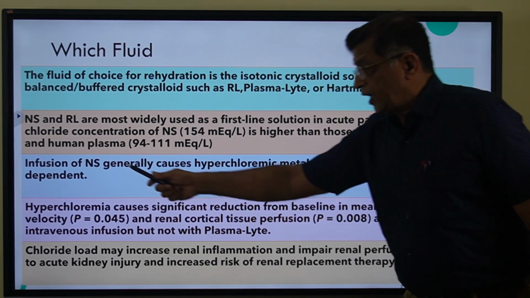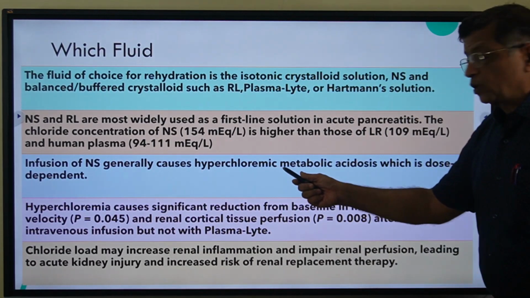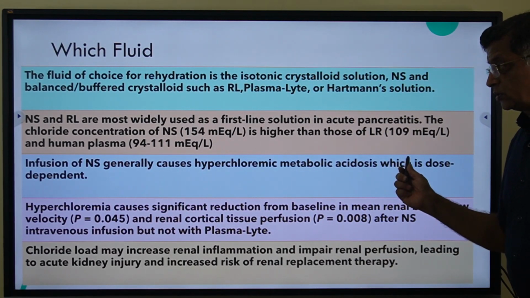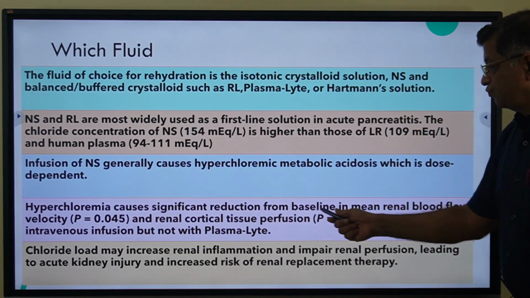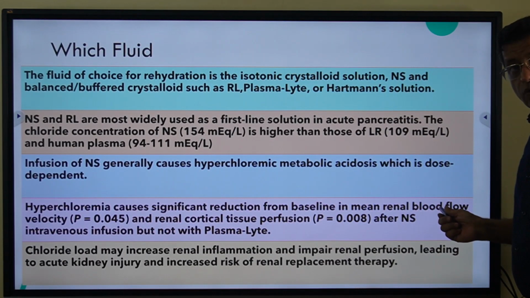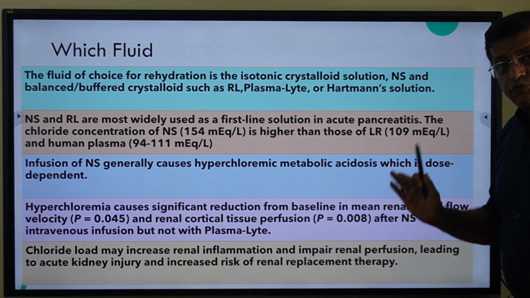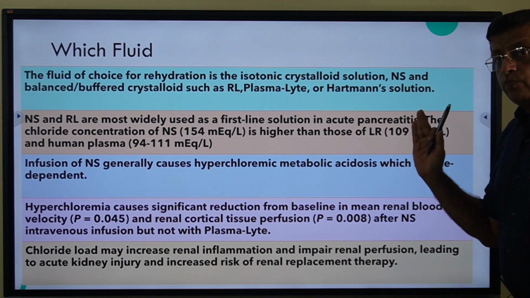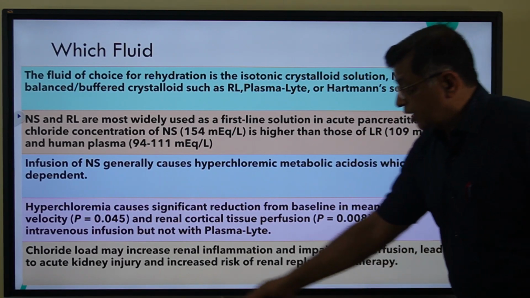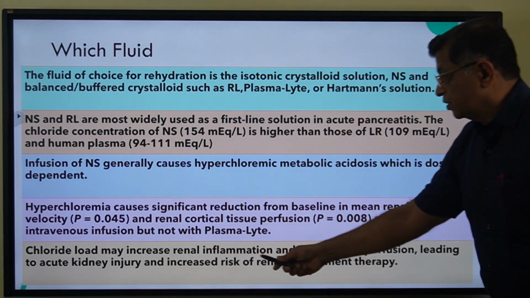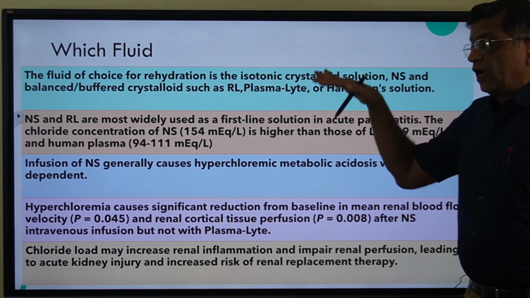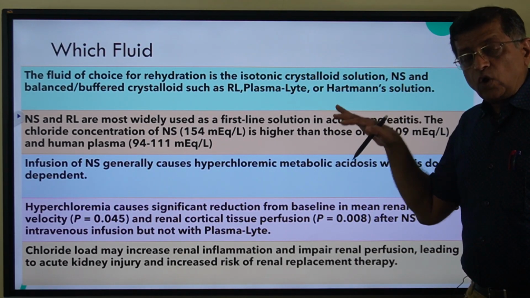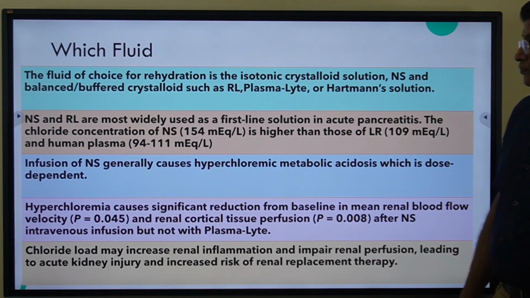So infusion of NS can cause hyperchloremic metabolic acidosis. Hyperchloremia causes a significant reduction from baseline in mean renal blood flow. So in essence, we avoid NS and give Ringer lactate. Chloride may also increase renal inflammation and impair renal perfusion. So we prefer either a balanced solution like Plasma-Lyte or Ringer lactate.